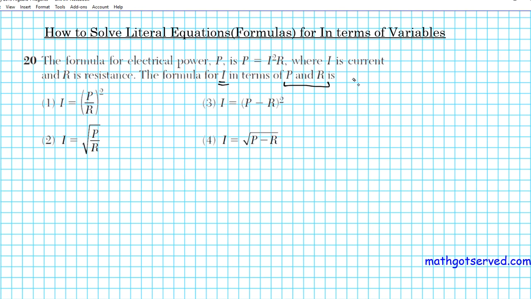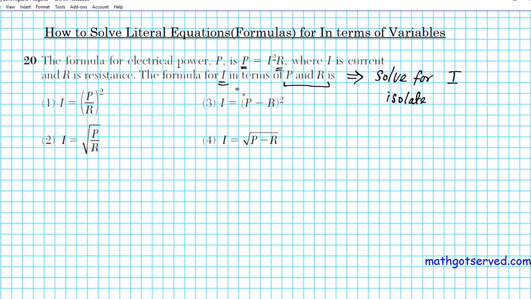What this statement is telling you to do is simply solve for or isolate I. When you have I isolated, you're going to have the other variables, namely R and P, on the other side.